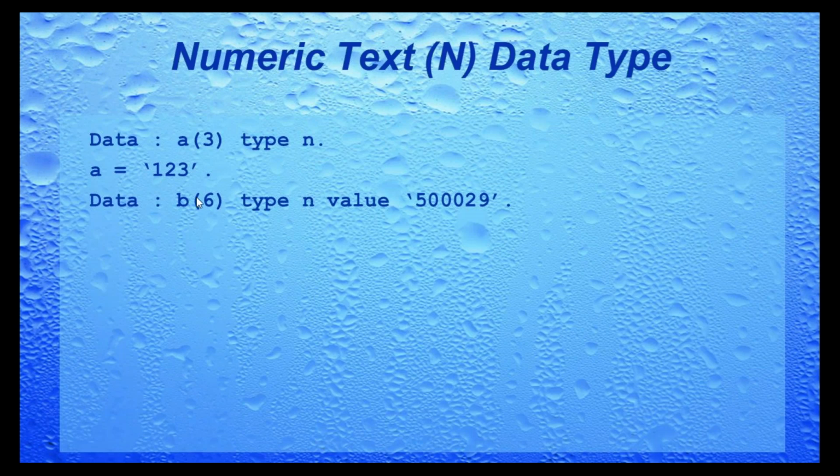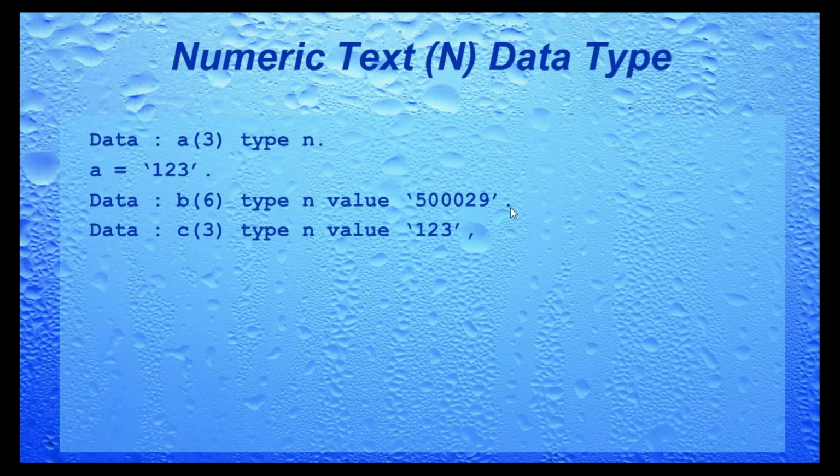But SAP prefers to declare and assign in different statements, so you put them on different lines. A of 3 type n and a is equals to 1 2 3. Data b of 6 type n value 50029. Either we can define it like this, or like this.